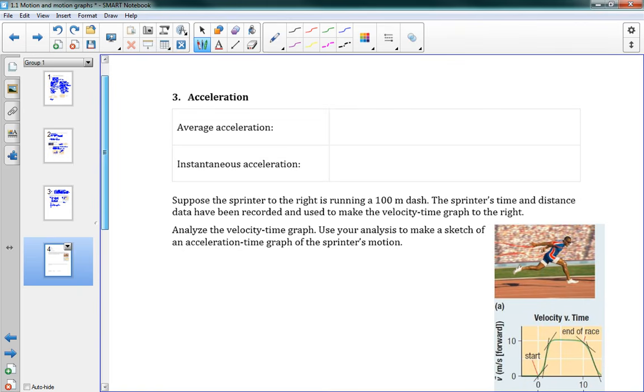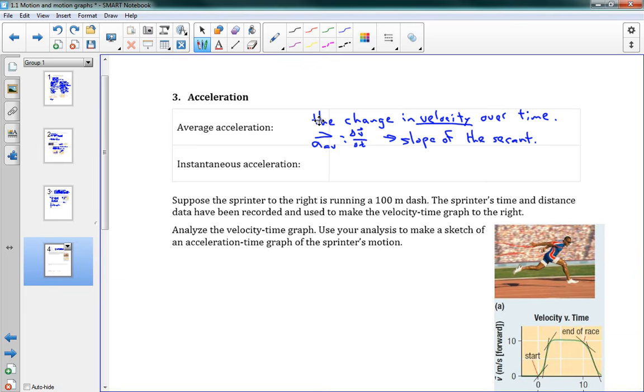It's the same idea. Acceleration, instead of change in position over time, this is the change in velocity over time. And our equation again is A average is equal to delta V over delta T. And again, this is an average, so we're talking about the slope of the secant.